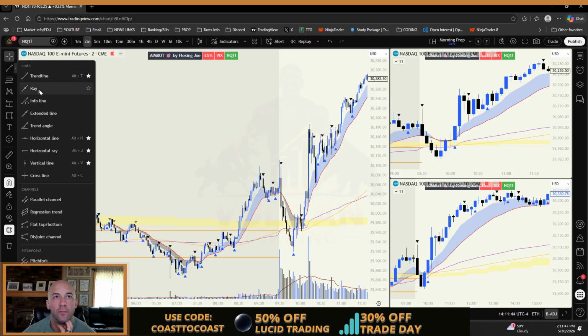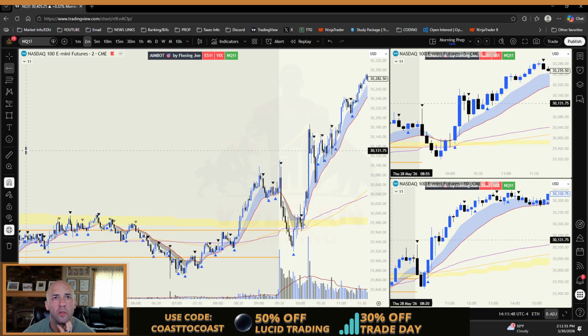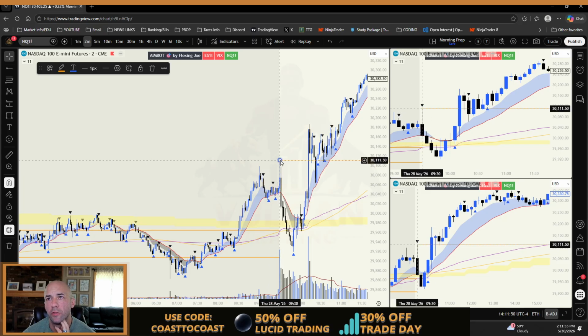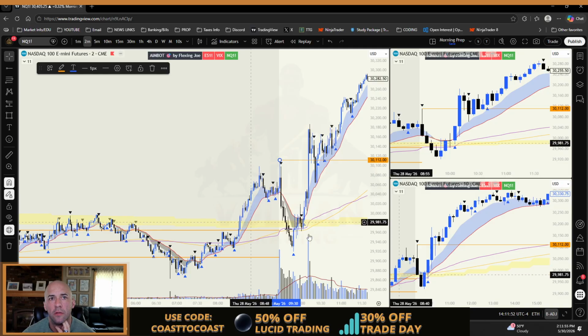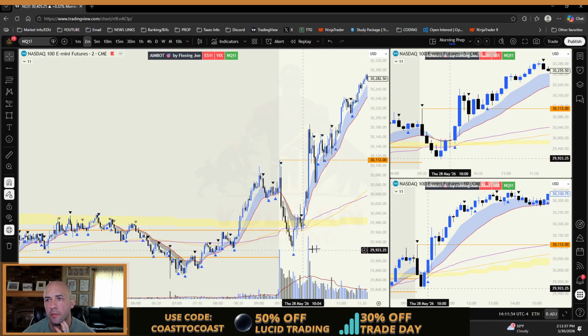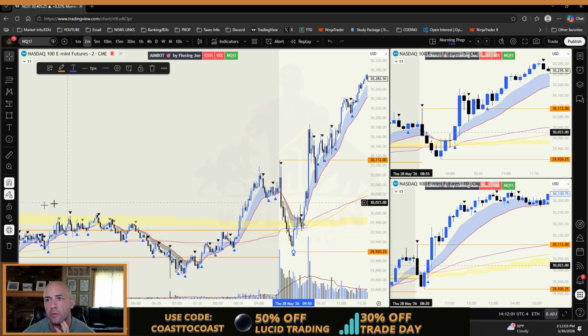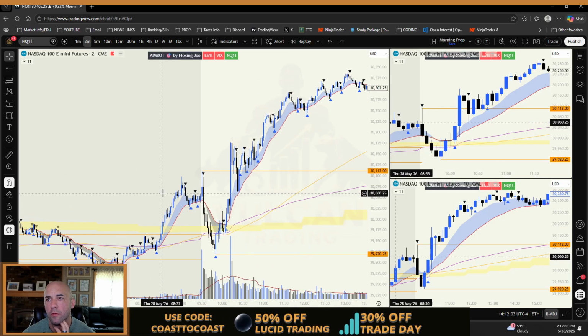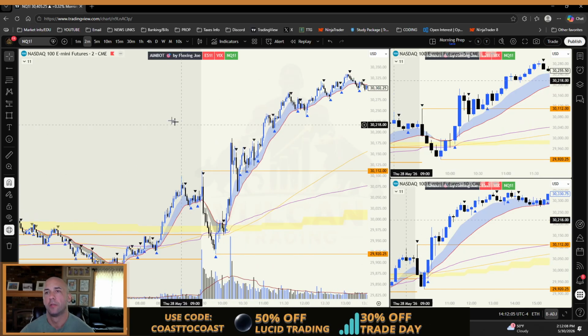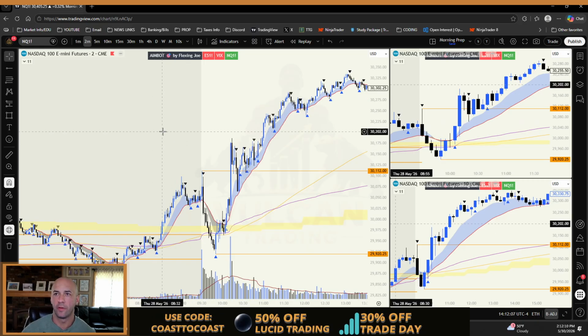All right, it'll be a little bit trickier here. So let's draw this out. Horizontal ray. All right, so here's your ORB high, and here's the ORB low. Okay, this one's very, very clear.